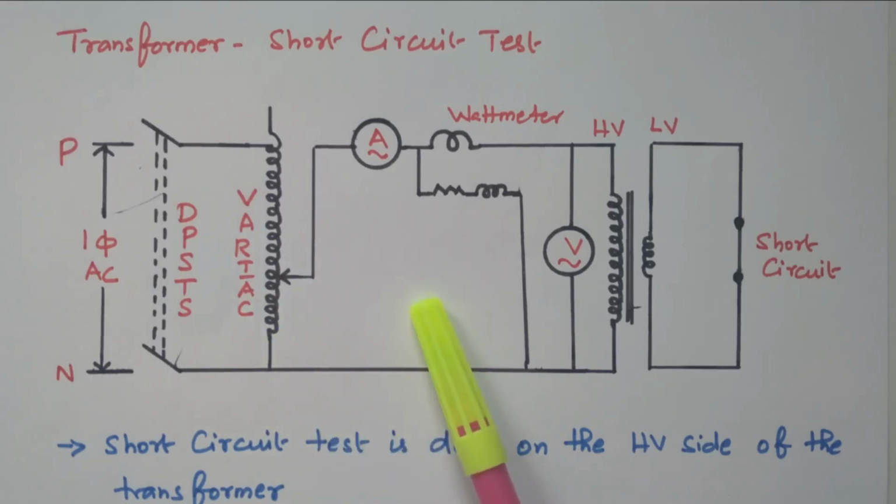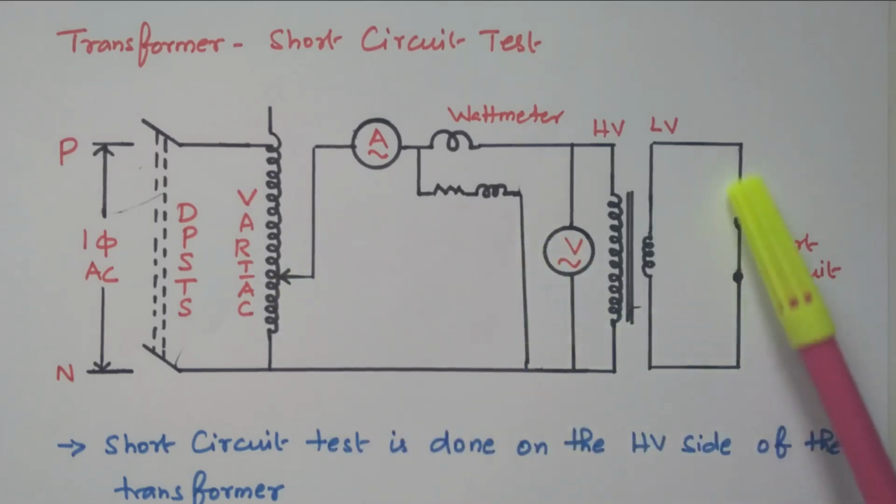In the open circuit test we applied the primary rated voltage. Now, in order to measure the copper loss, we apply the rated current. By seeing this ammeter, we need to ensure the rated current is applied to the transformer. How to measure the rated current we will see later. So by varying the variac, the rated current is applied to the primary winding.